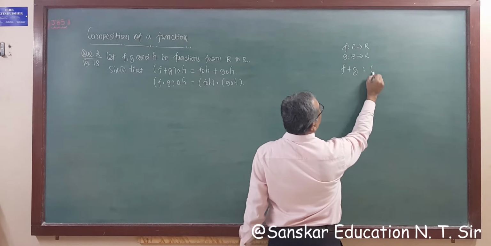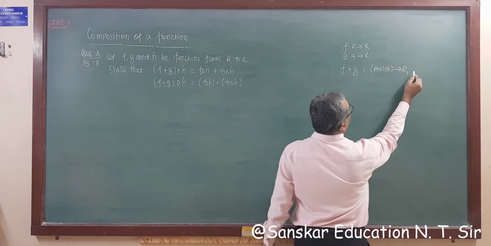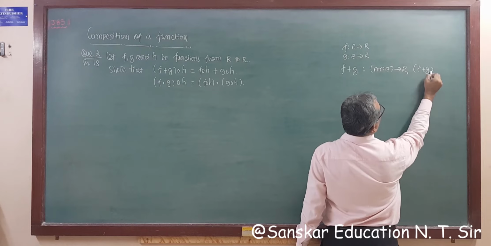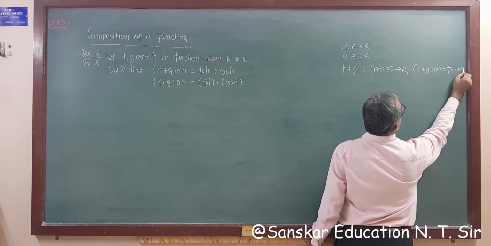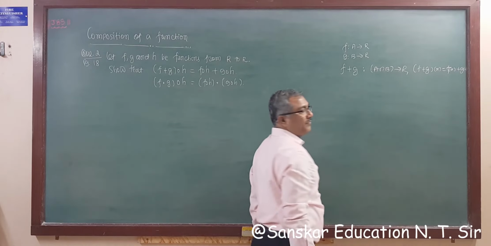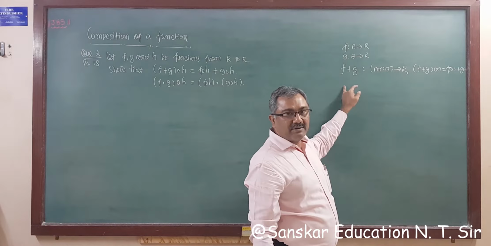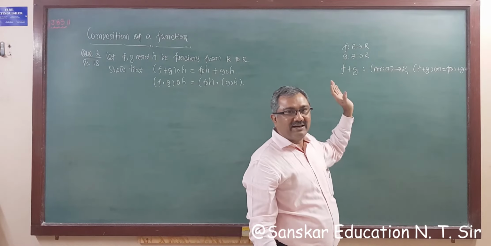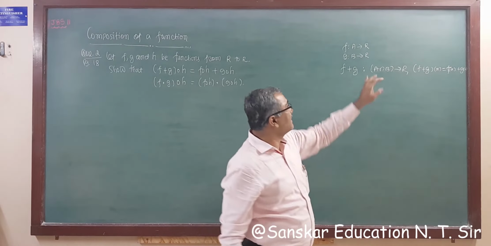defined as A intersection B to R, and f plus g of x is equal to f of x plus g of x. You know this, right? That means for addition of functions, any algebraic operation is defined on the intersection of the domains to R. It is given as R there.